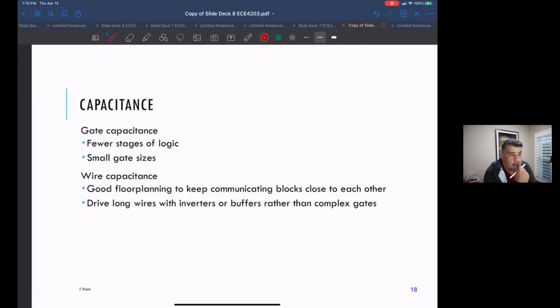Okay. So, the capacitance itself, you can try to minimize, as we'll see. We talked a little bit about it. Wires themselves have capacitance, so you could connect the blocks together to minimize the wiring. You could minimize and optimize the logic. You're basically reducing devices and reducing routing to reduce capacitance.